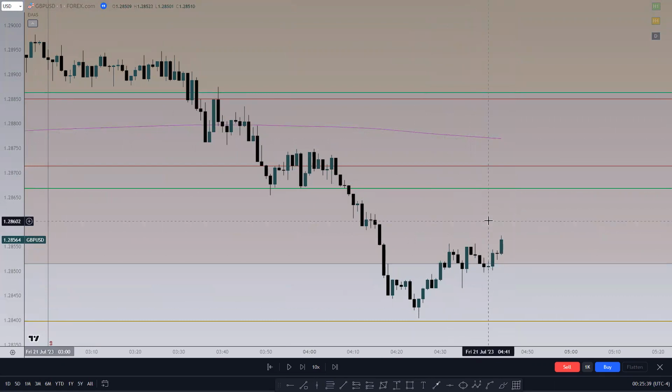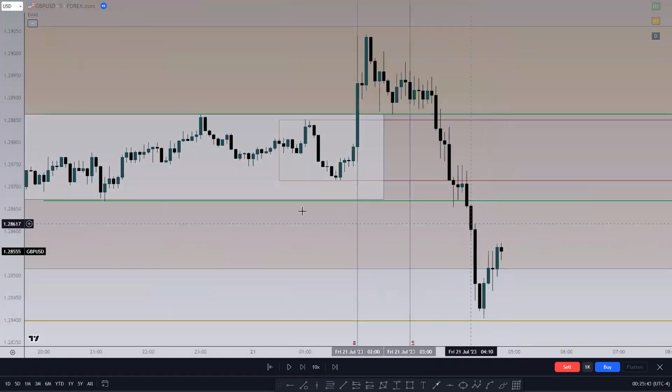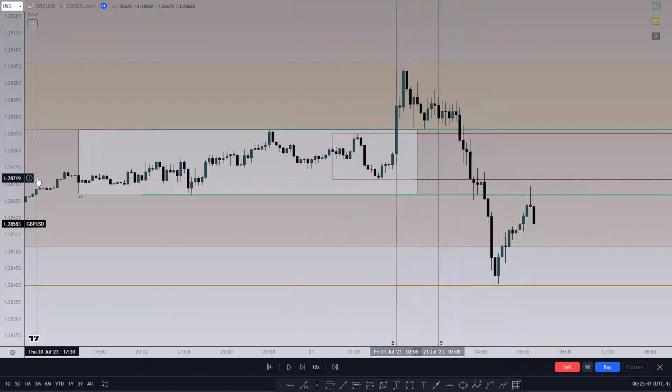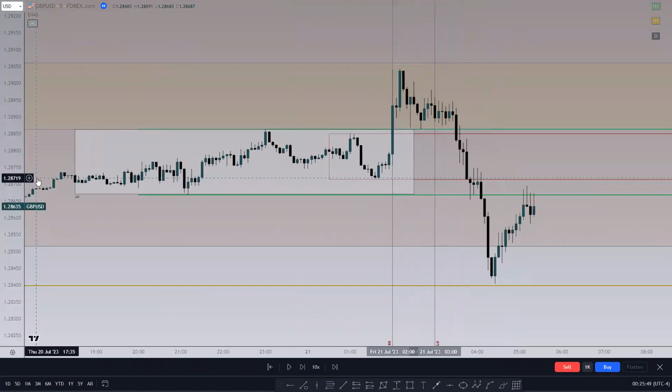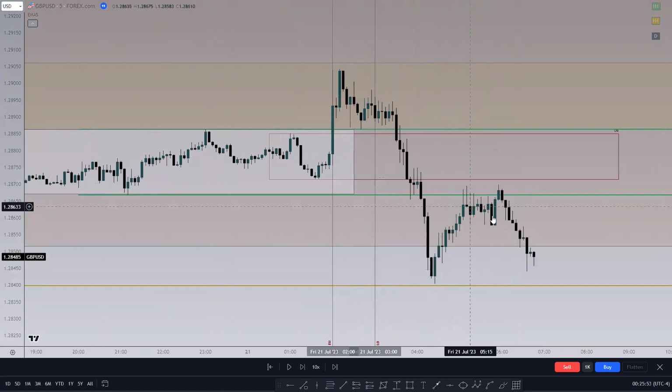So essentially what happened for the duration of the session on Friday, I'm sure some of you were seeking to trade this, is that price obviously traded towards the breaker, but didn't quite trade into it before the end of our trading session.